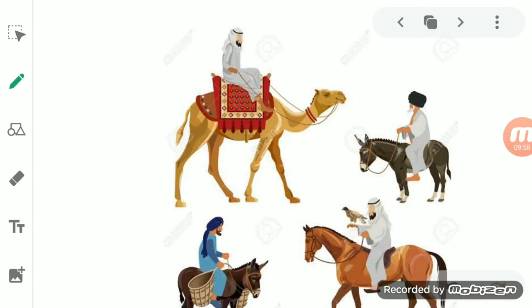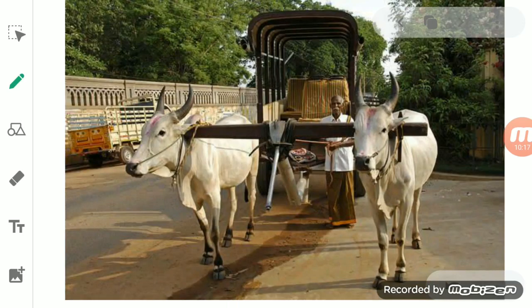So they basically used to move from one place to another on foot and carry their goods on their back or in hand. To travel across water, they used to make a simple boat, maybe made from a tree trunk. These are the different means by which people used to move from one place to another.